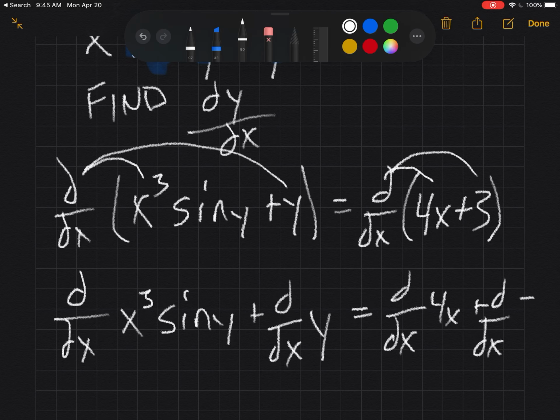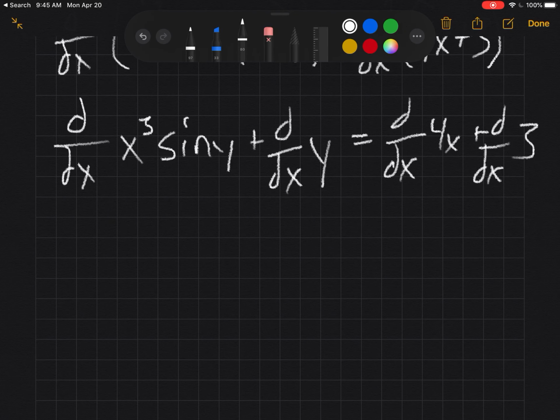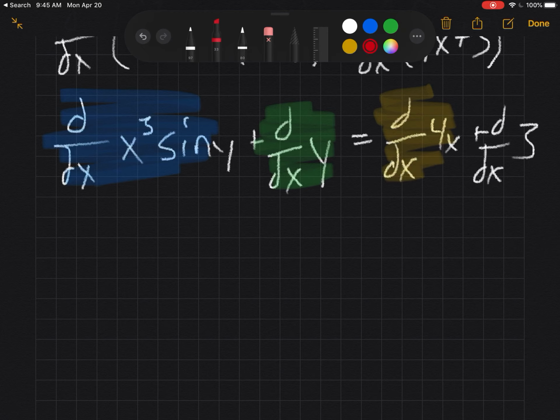So we have d by dx of x cubed sine of y plus d by dx of y is equal to d by dx of 4x plus d by dx of 3.